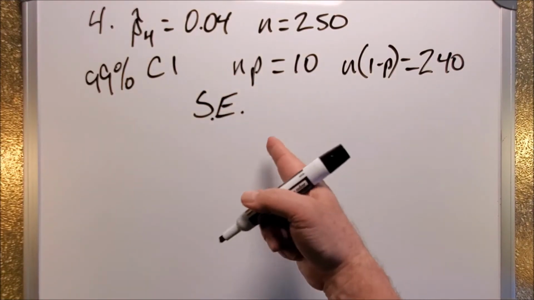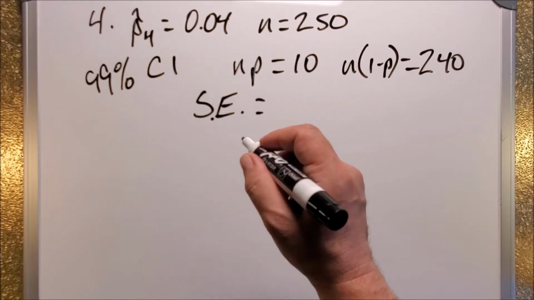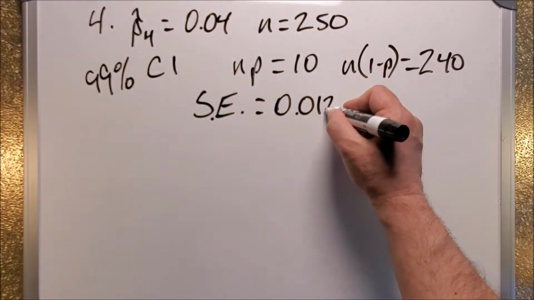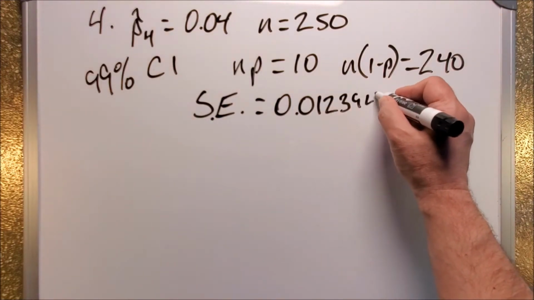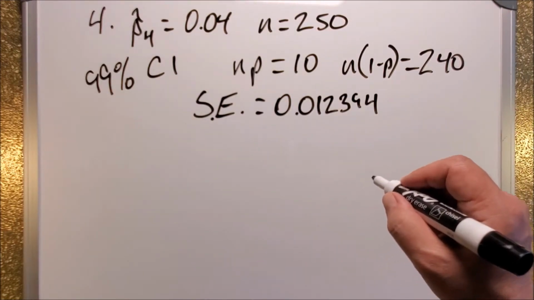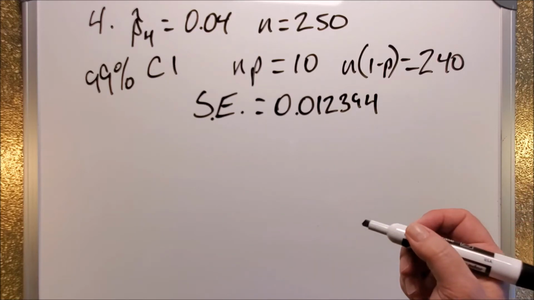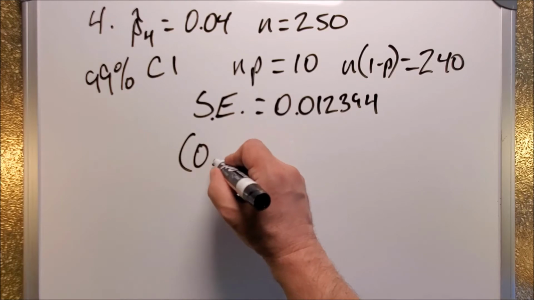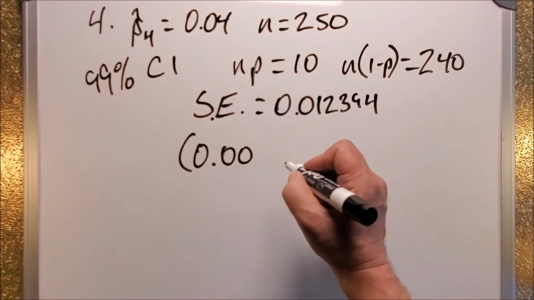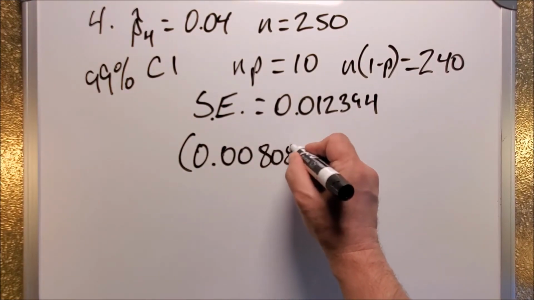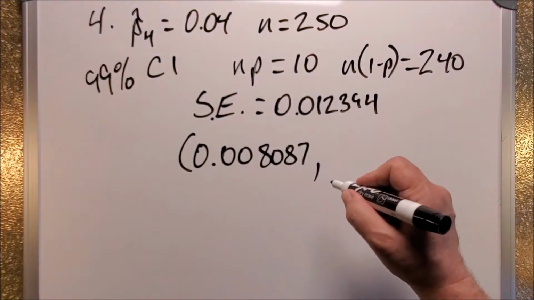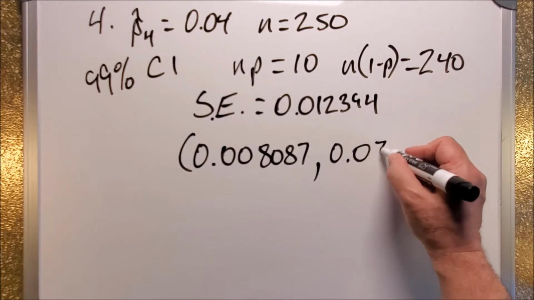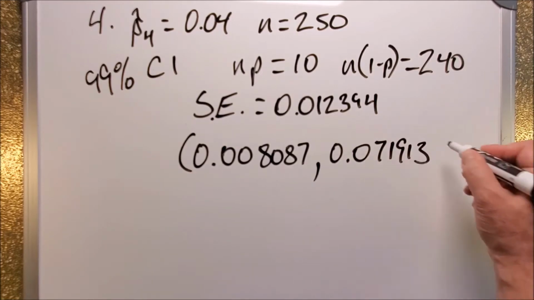So now we have to calculate the standard error. Again, I'm not going to do it right in front of you. I want you to do it on your own and then check your work relative to mine. I got 0.012394, if I remember right. I'm checking my notes. And that is what I got. And our confidence interval would be 0.008087 on the left and 0.0719113.